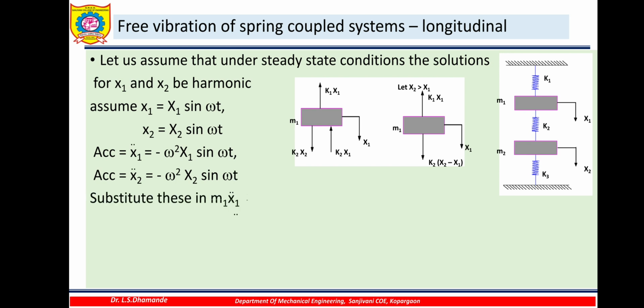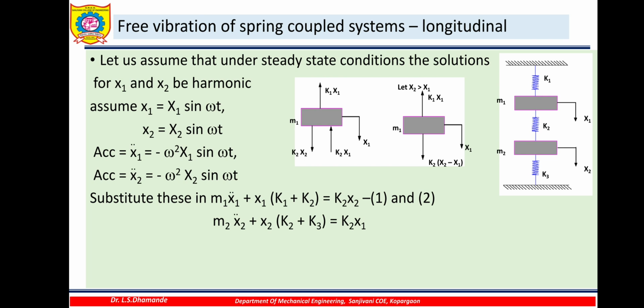So let us substitute these in the equations which we have got in the previous slide. This is equation 1, and this is the second equation. Now we have to put the values of x1 double dot, x2 double dot, and x1 and x2 from this assumed solution.